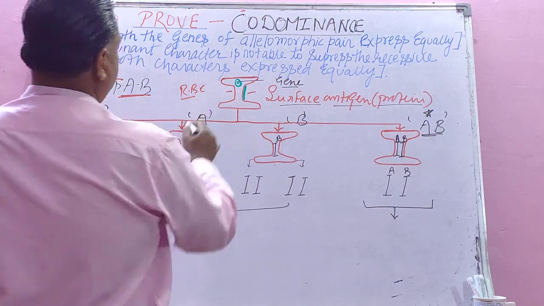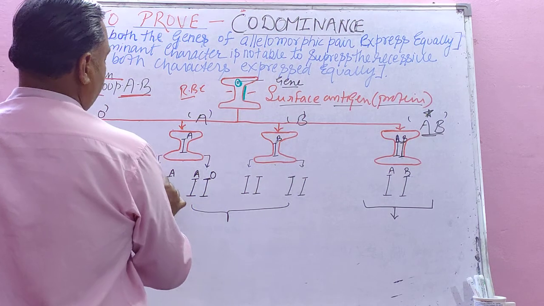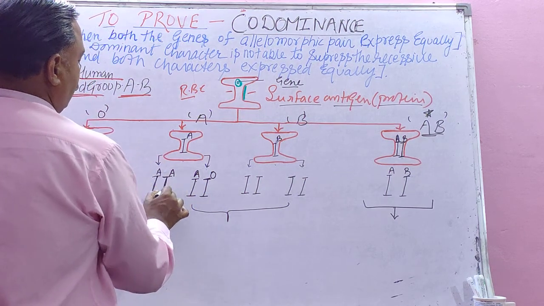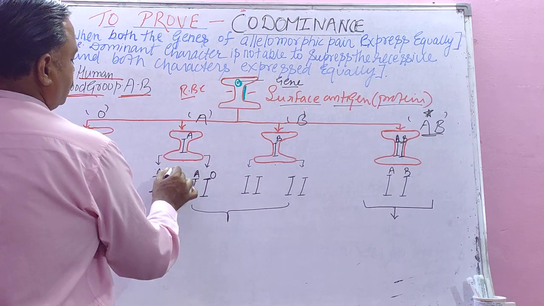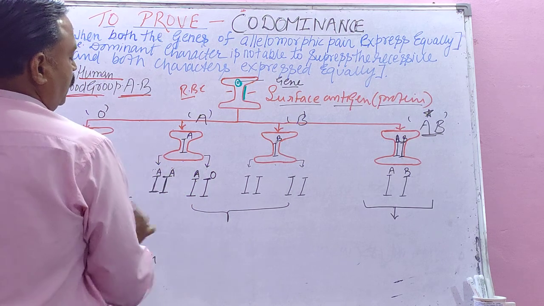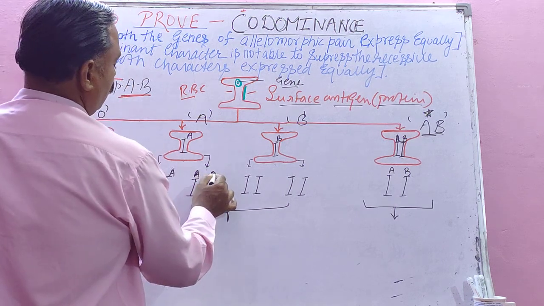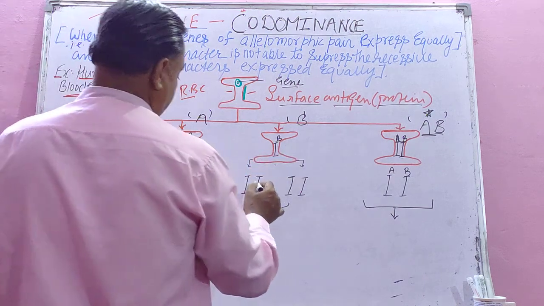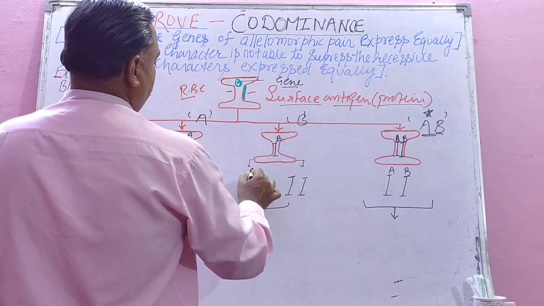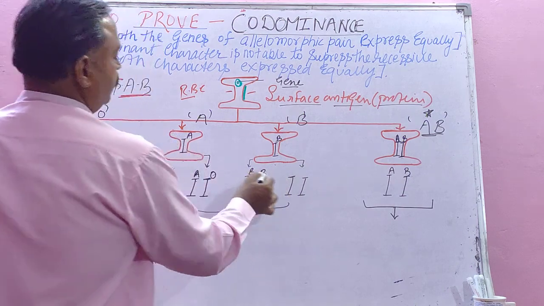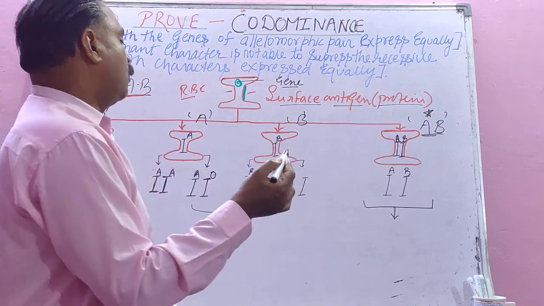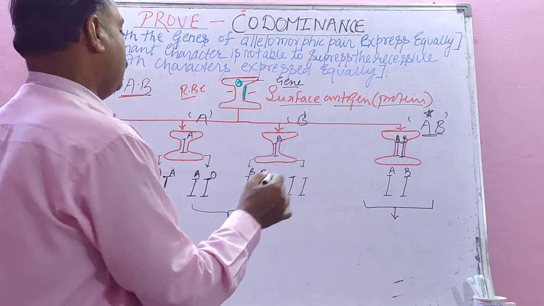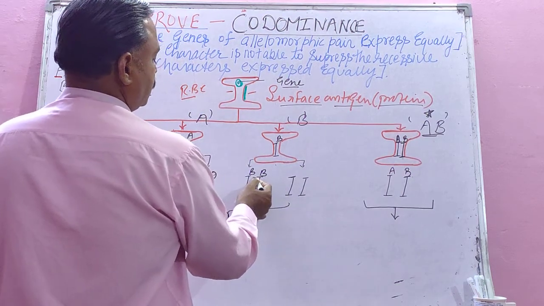Then in A, there are two conditions in A. This is IAIA, homozygous dominant, and IAIO, isn't it? The same is here, that is IBIB. IBIB means homozygous dominant in B group, two conditions.